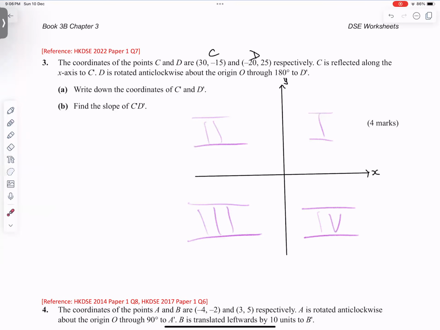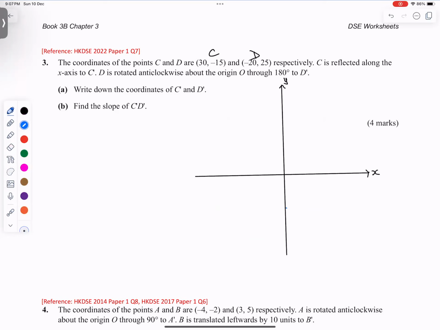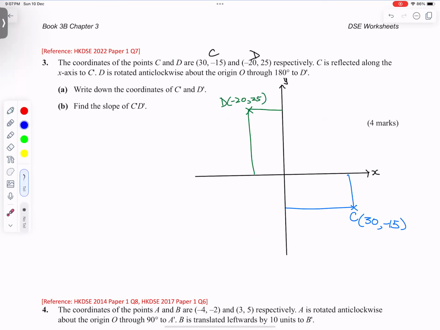And then D is going to be in the second. X is positive. For C, X is positive, so it should be in the fourth? Fourth. And then D is correct. So somewhere here. And then also for D. And then where's the new C?